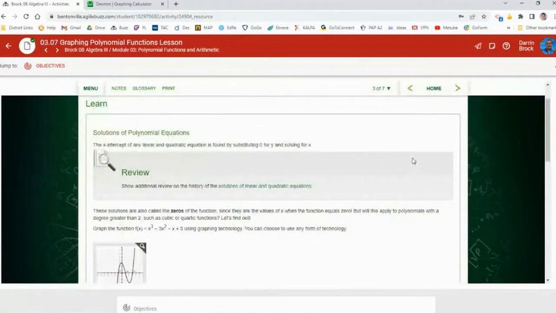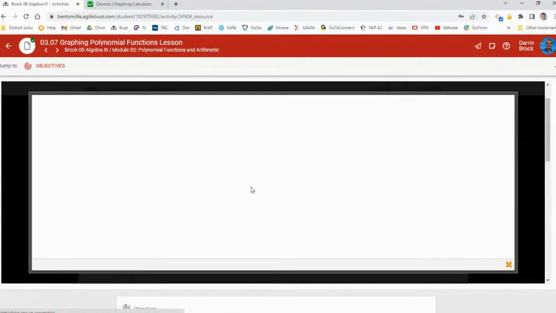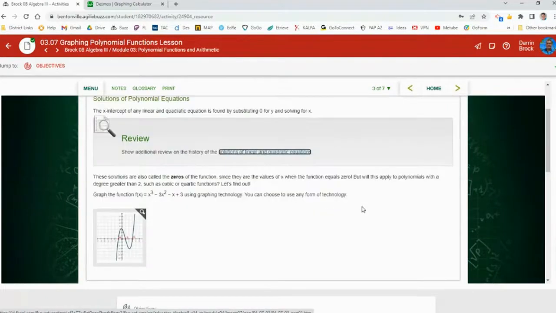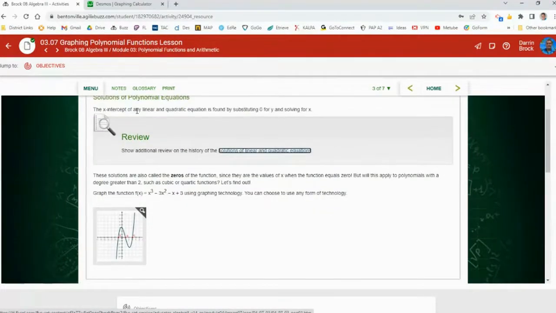Solutions of polynomial equations. This is review on solutions. All right, I'm going to skip that review. You can look at that a little bit. The x-intercept of any linear or quadratic equation is found by substituting 0 for y and solving for x.